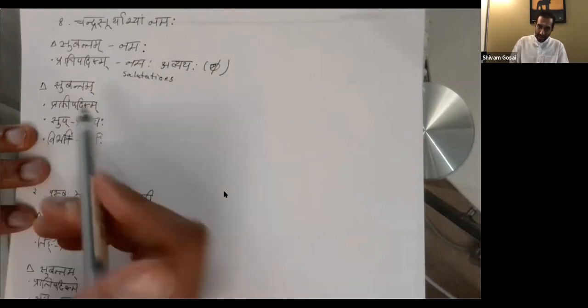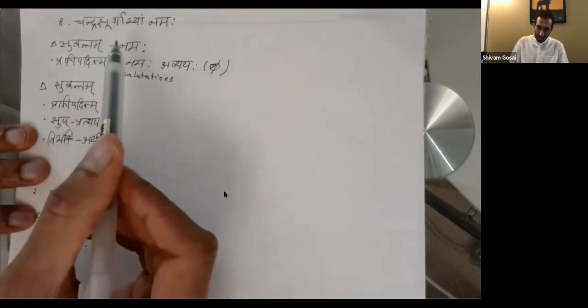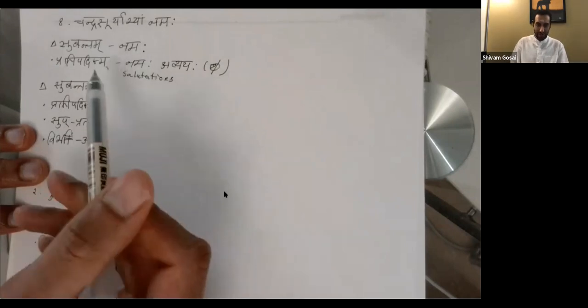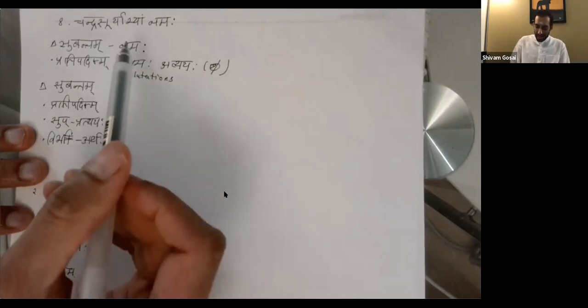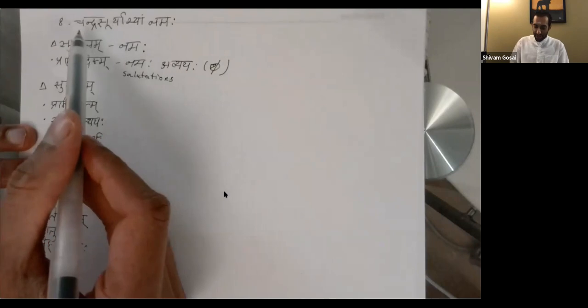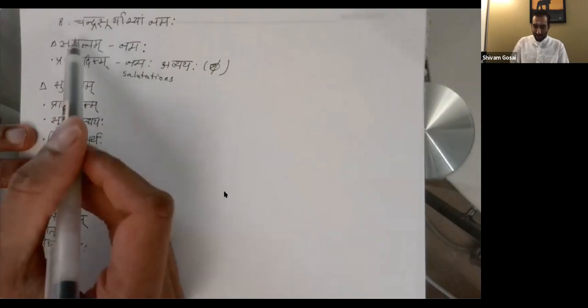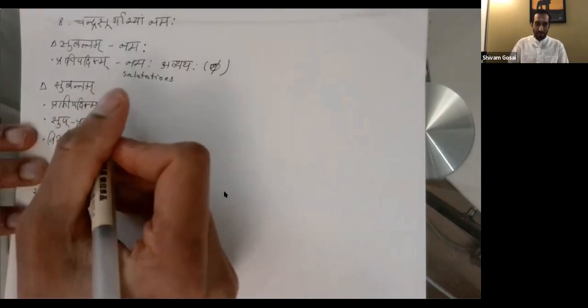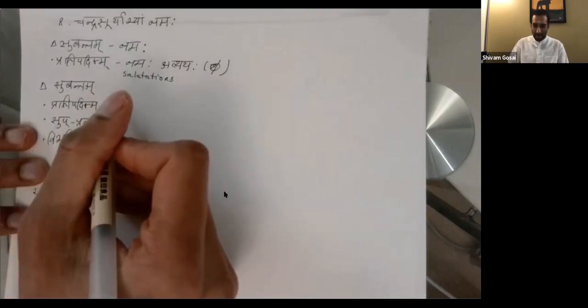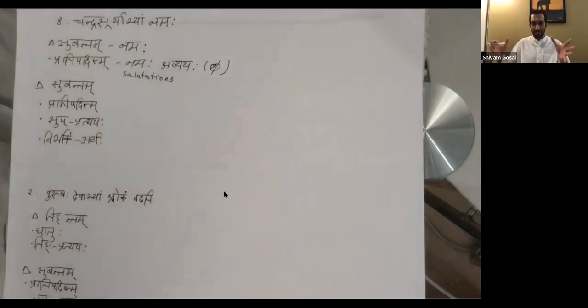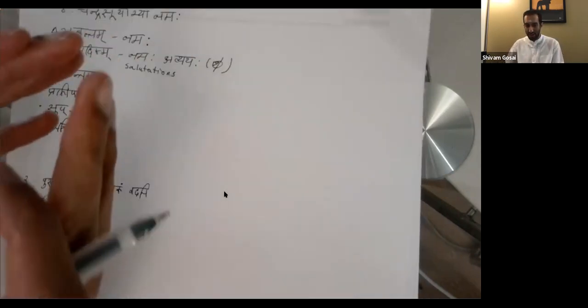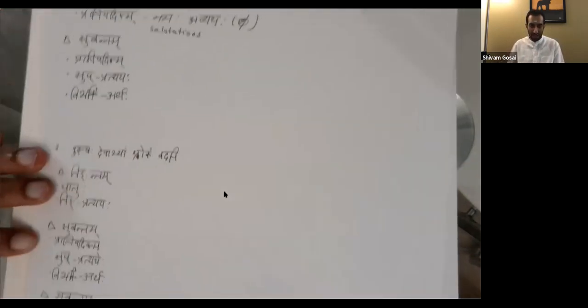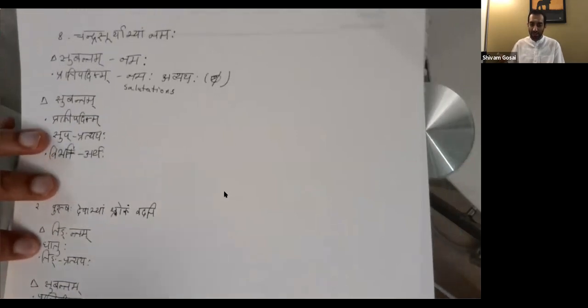Okay. Now Chandra Surya Bhyam. This is a little bit tricky for the Pratipadika. Now it looks like 2 words. We know Chandra and we know Surya. Chandra is moon and Surya is sun. Right? But this is actually one big compound. It's one word. They combine 2 nouns into one. It's called a compound. Now, we haven't quite learned how to do that, but it's good to know that those exist.